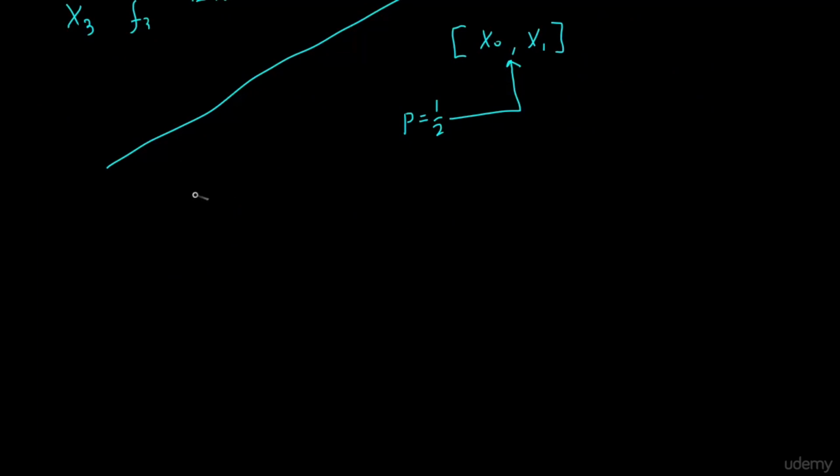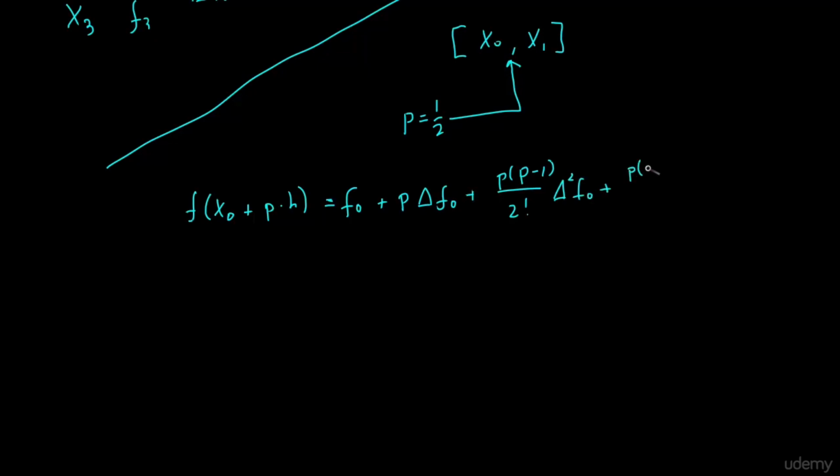So let's have a new formula. So we're looking at f at x0 plus p multiplied by h, which is equal to f of 0 plus p multiplied by delta f of 0 plus p times p minus 1 divided by 2 factorial delta squared f of 0 plus p times p minus 1 times p minus 2 divided by 3 factorial delta cubed f0, and so on.